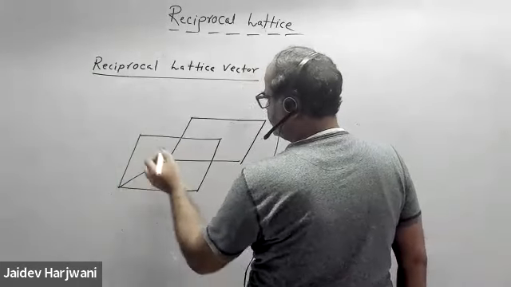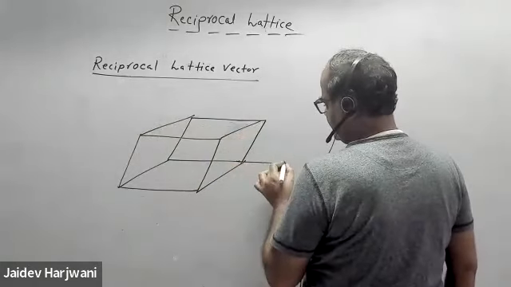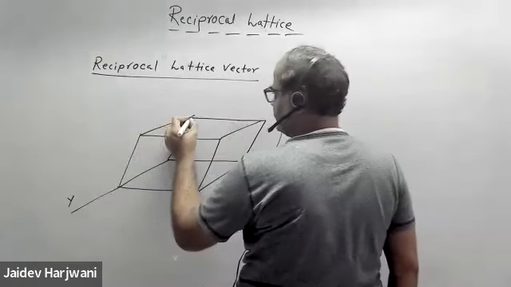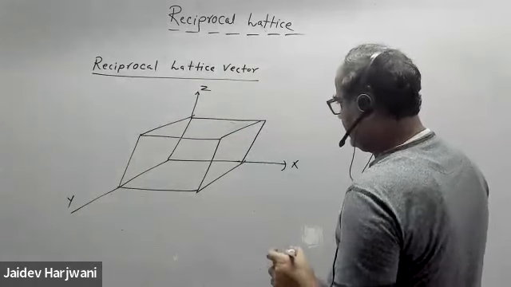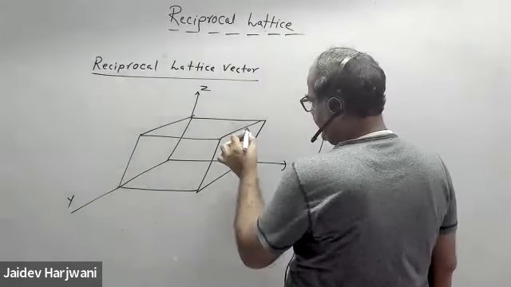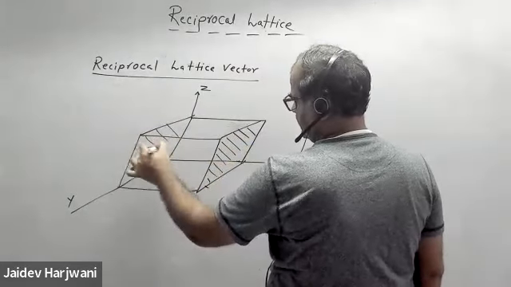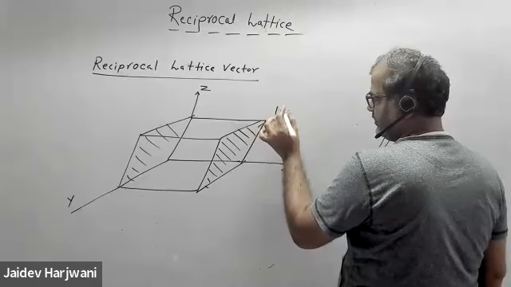Say this is my unit cell. This is my x-axis, this is my y-axis, and this is my z-axis. Now if I consider this plane, this is your 1 0 0 plane.